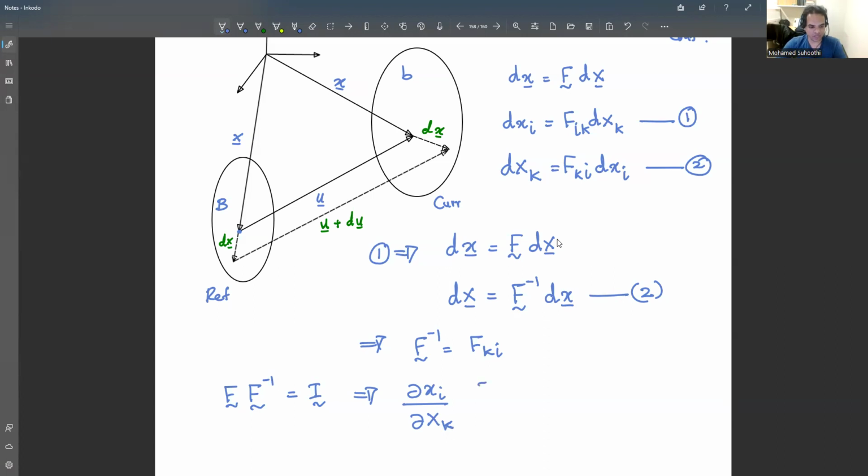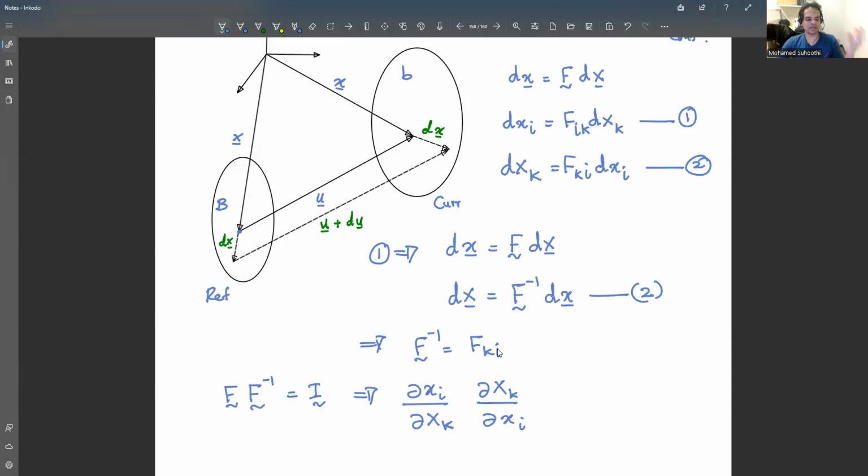How can I write F_Ki? The first one is capital, that means the reference configuration, and the second one is a small i, therefore the current configuration small x, right?